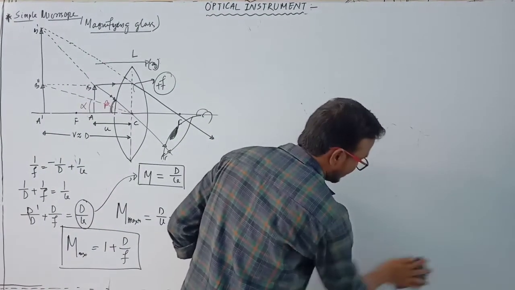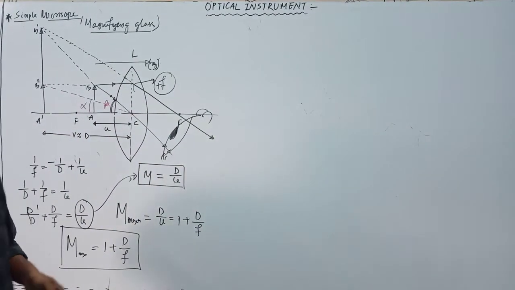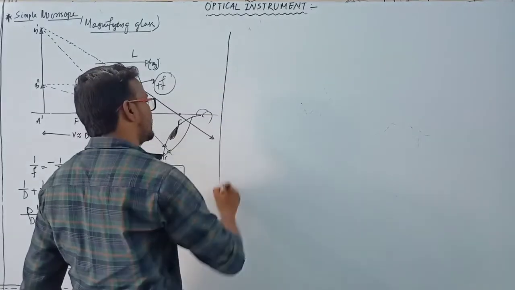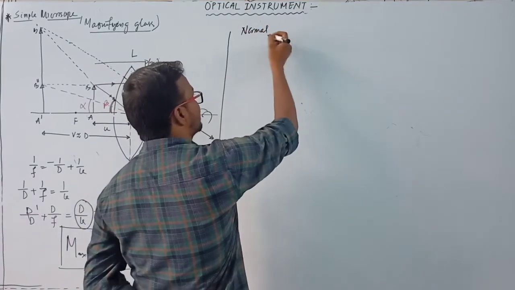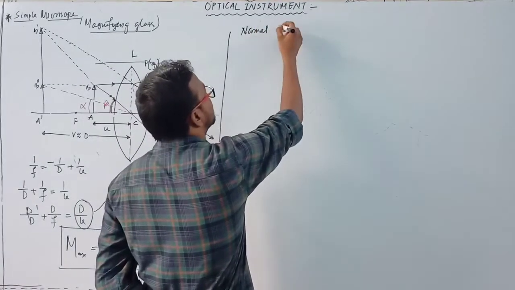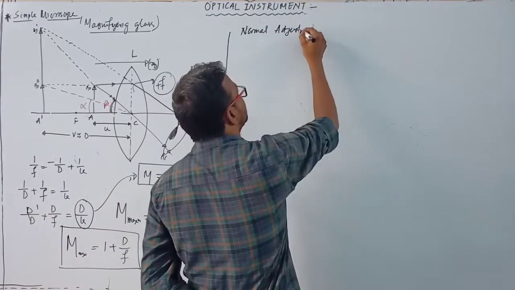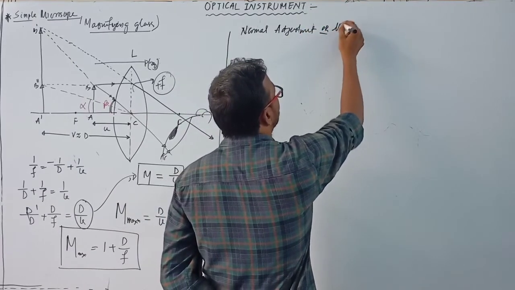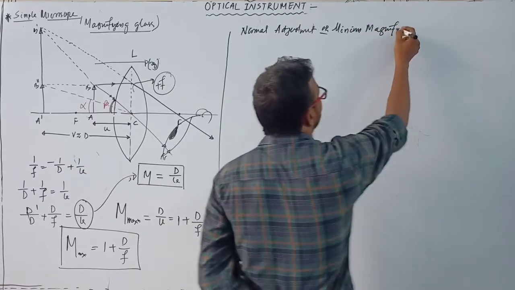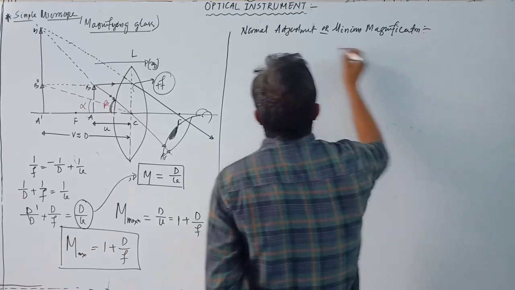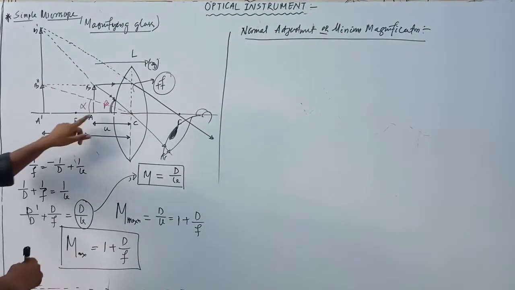So what is the minimum magnification? This minimum magnification is also known as the normal magnification, or normal adjustment. Clear? So for minimum magnification, or normal adjustment, suppose this is the object.